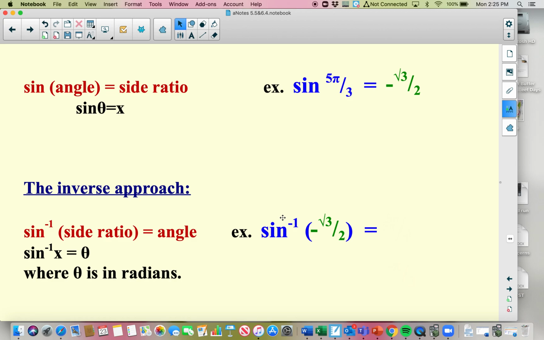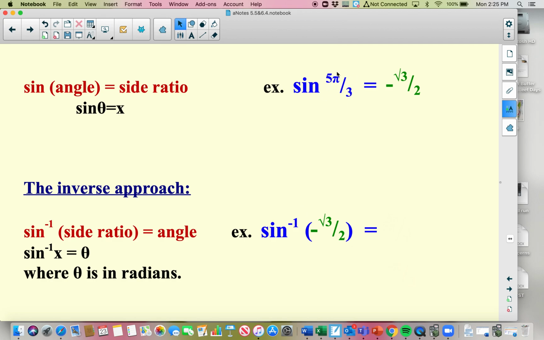So now you have to think about two things. Where is inverse sine restricted to? It's restricted to quadrants 1 and 4. And the sine ratio being negative has to be in quadrant 4, because it's not negative in quadrant 1. And to get to quadrant 4, I can't cross through quadrants 2 or 3.